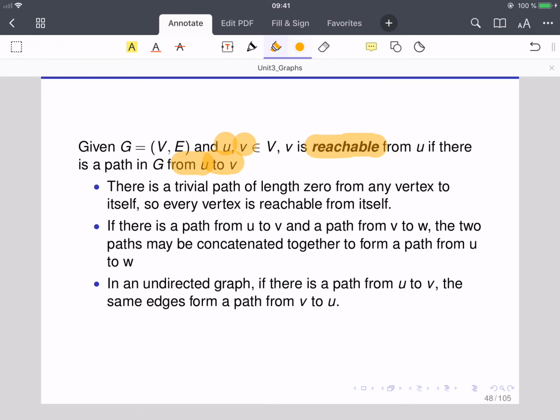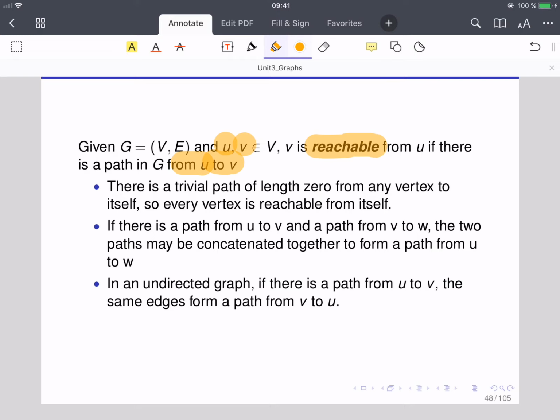The first thing that we did was to find whether all the states in the automaton were reachable from the initial state, and we removed all the states that were not reachable. So this is exactly this definition. States that are reachable from the initial state are those that we can get to from the initial state with a path.